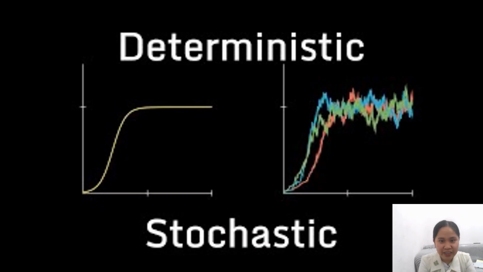In short, it shows many wiggly or noisy curves which all start at the same point but move differently. Makikita natin na nag-start sila sa same input but go in different ways. Yan yung stochastic. Wala siyang accurate or exact na result or outcome.